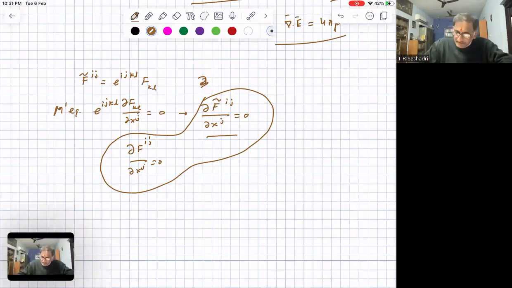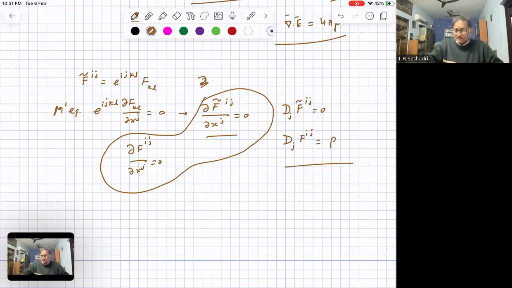And the generalized Maxwell's equations in curved spacetime are Fij covariant derivative j equal to 0, and dj Fij equal to, not rho, Ji. Okay, so I will come to that.